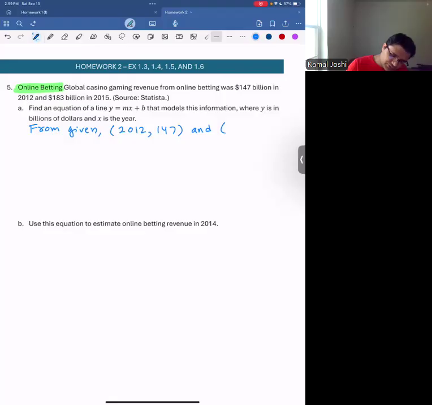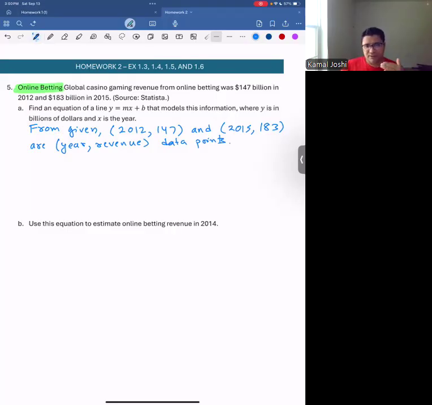Actually, sorry, that's the output. And in 2015, the revenue is $183 billion. So year and revenue, basically. Data points. Okay. These are the values given to you.